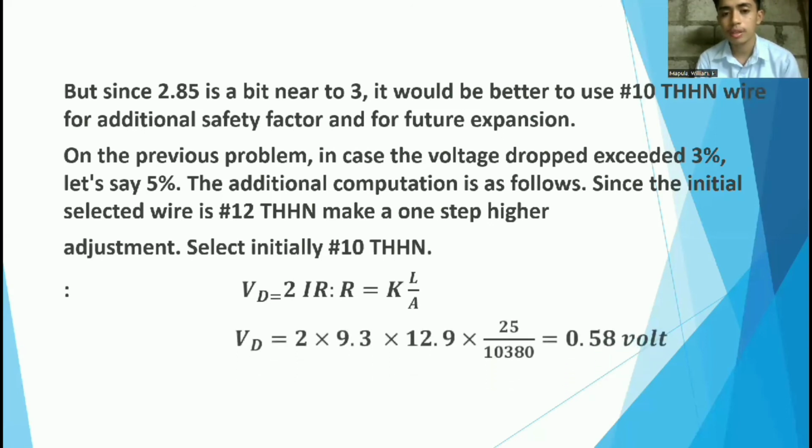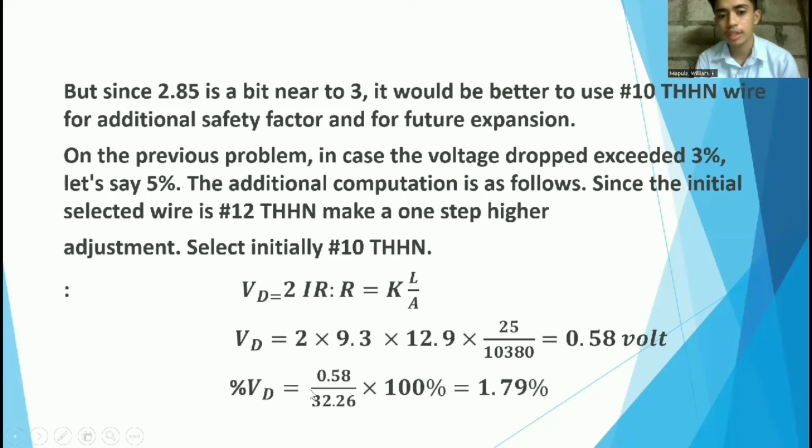Then, i-substitute natin yung mga value. Then, sa area, ginamit natin yung circular mill ng number 10. Kaya meron tayong 0.58 volts.